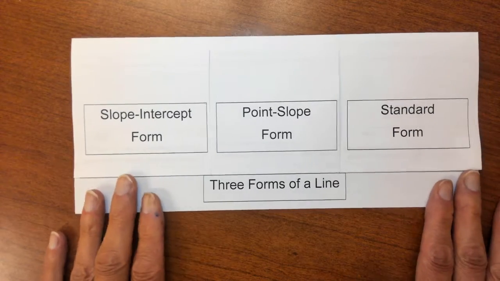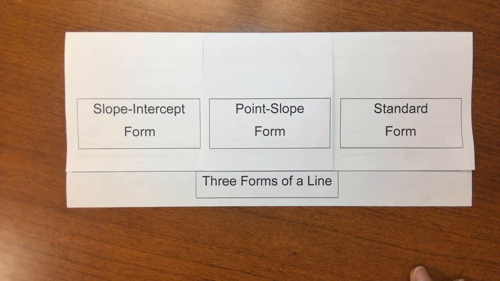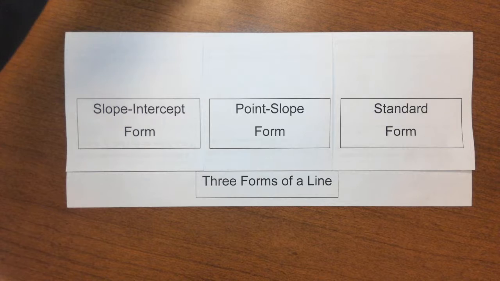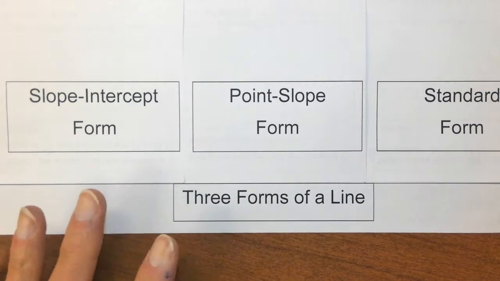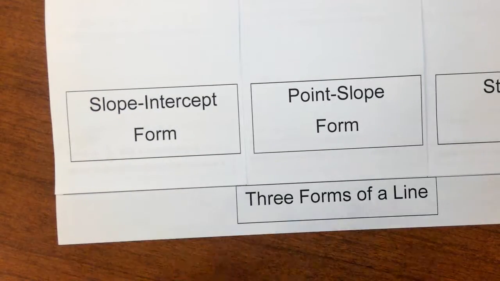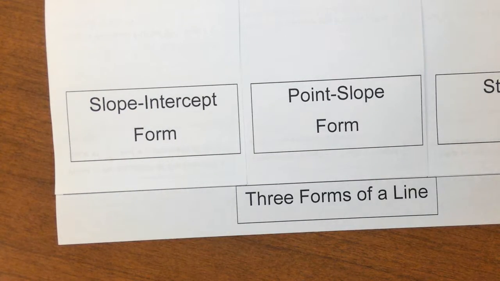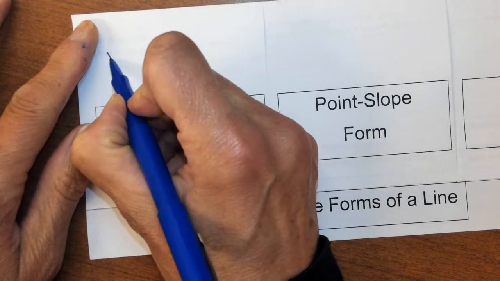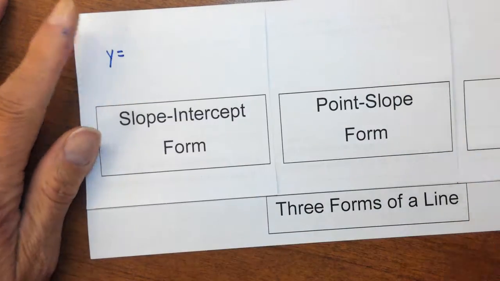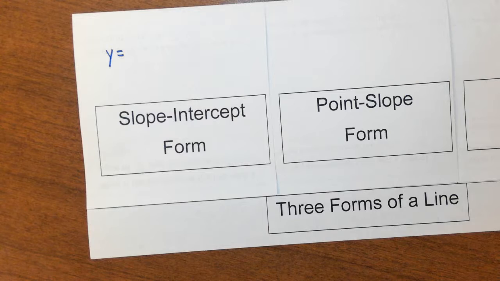Okay. So the three forms of a line are slope-intercept form, point-slope form, and standard form. And before we work on the inside, let's go ahead and make sure that we understand what the general form of each of those is. So for slope-intercept form, everybody is pretty familiar with that. That's y equals our slope.